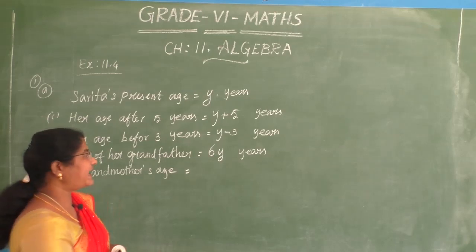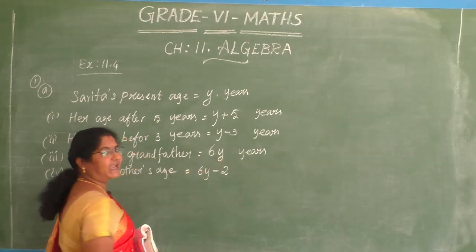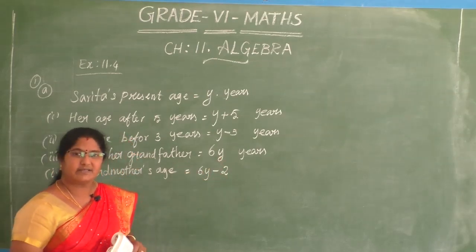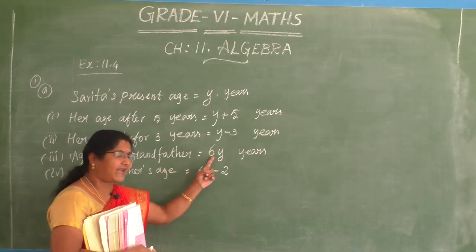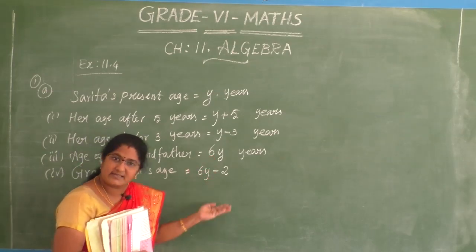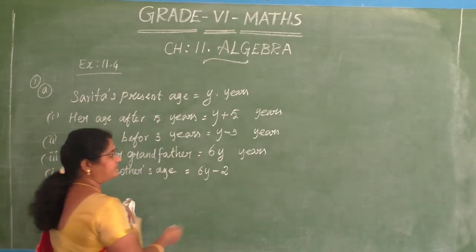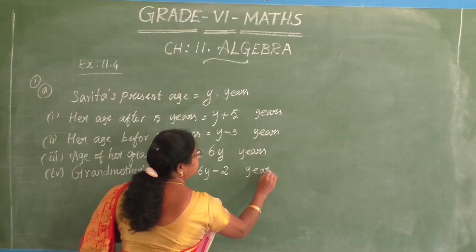Grandfather's age is 6y. From this, 2 years younger, 2 years less. Subtract: 6y minus 2 years.